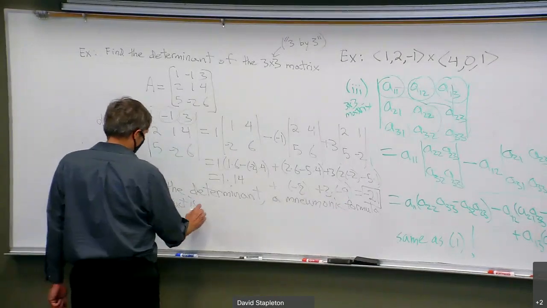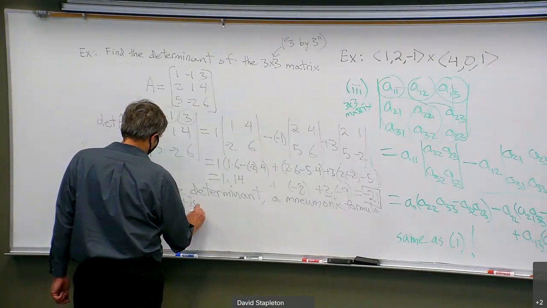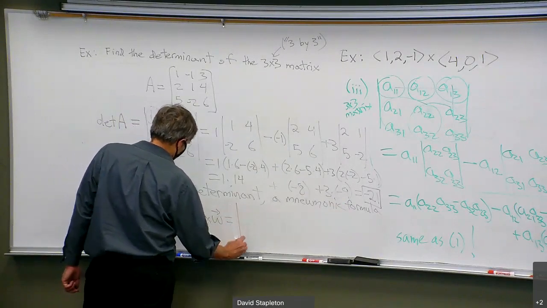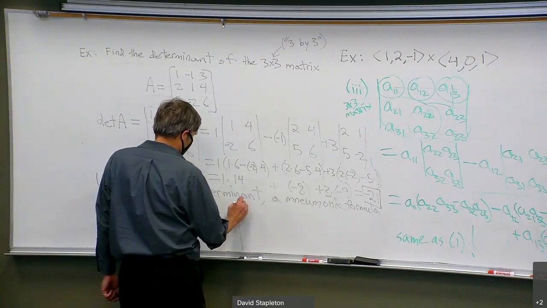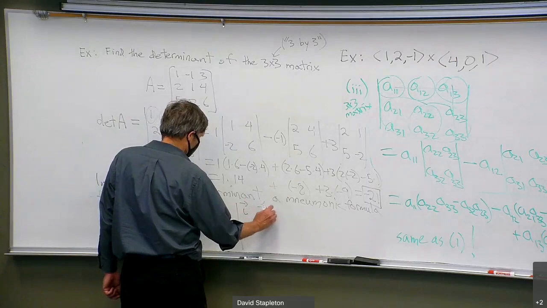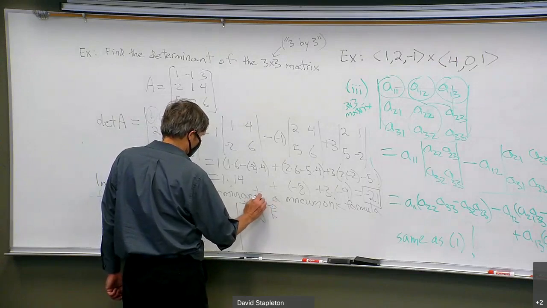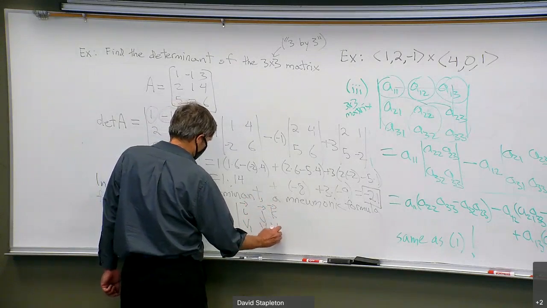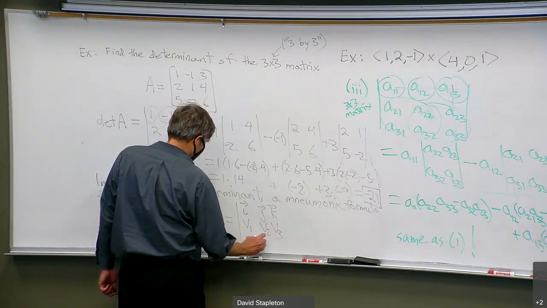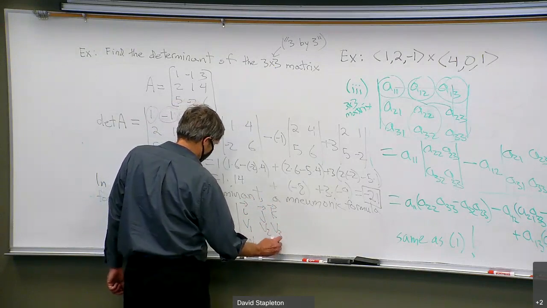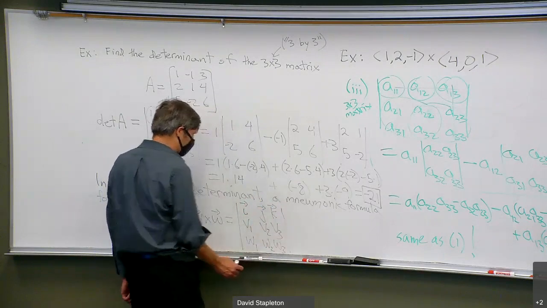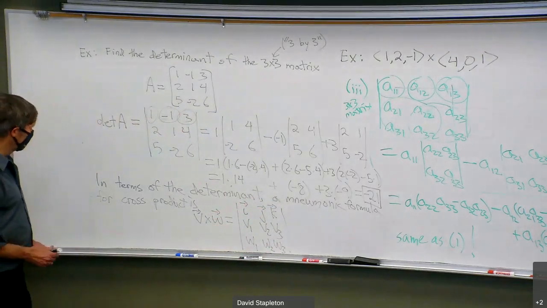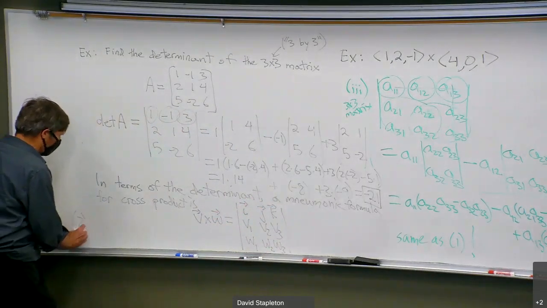V cross W is the determinant gotten by putting the elementary vectors I, J, and K in the first row. And then you put V in the second row, its components in order, and W in the third row. You can compute it as this determinant. We'll call this equation 2. This is the easier formula to remember.